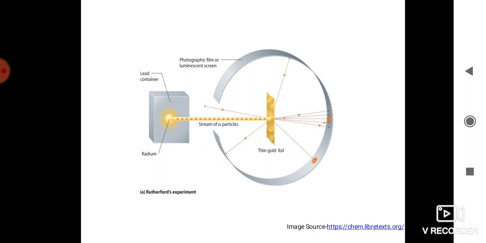Above and below those straight lines, we can see that some alpha particles are deflected by some angles, and two alpha particles we can see came back to their own path. The path, deflection and rebound of the alpha particles is noticed by the zinc sulfide screen, known as the photographic or luminescent screen.